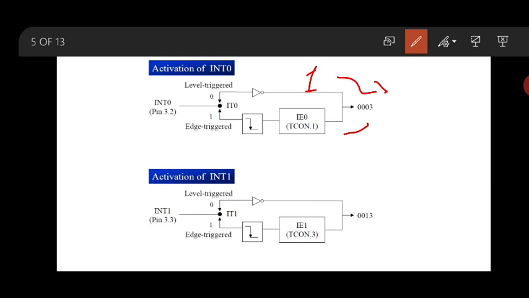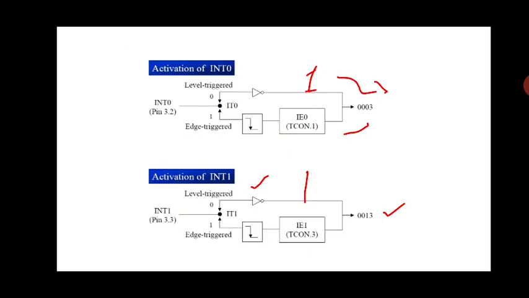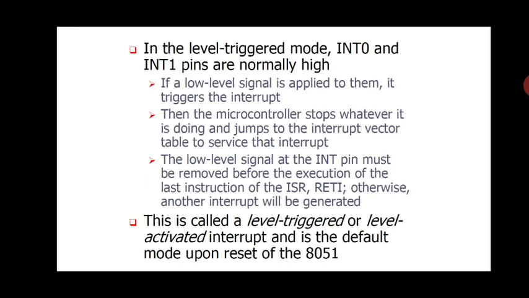Similarly, for INT1, if an interrupt appears here by level trigger 0, the NOT of this is 1, and it will go to location 0013H. We'll see the details in the coming slide.